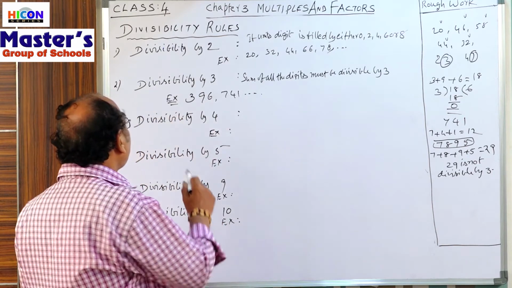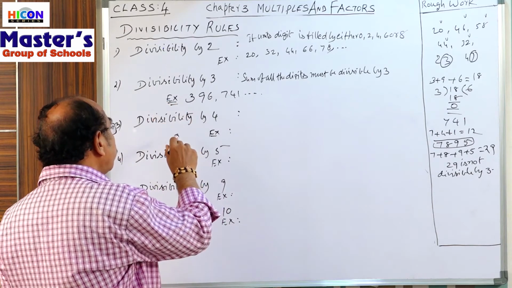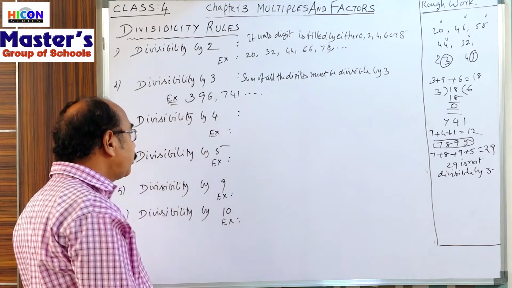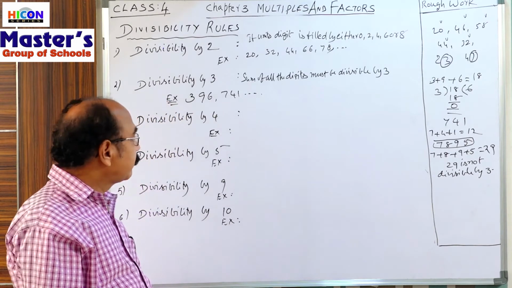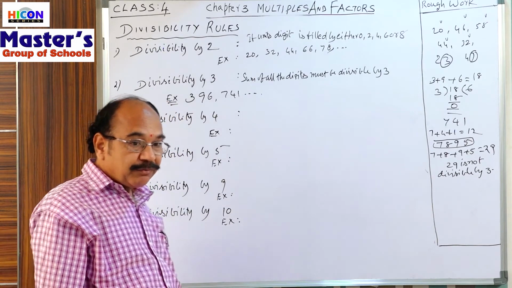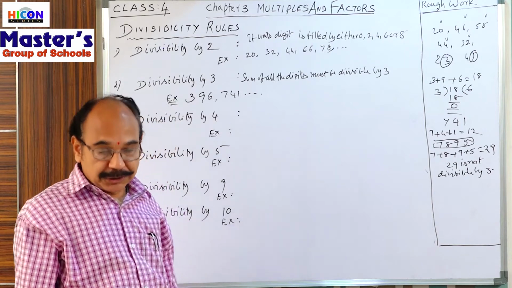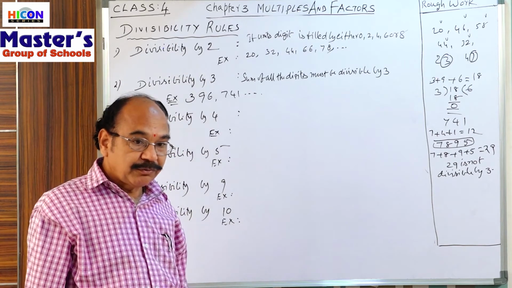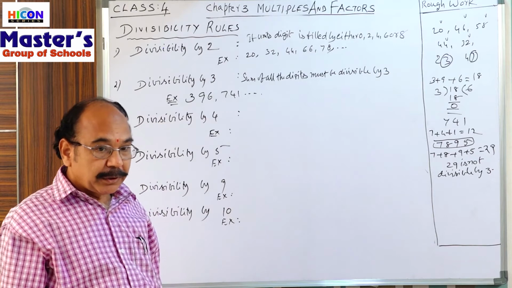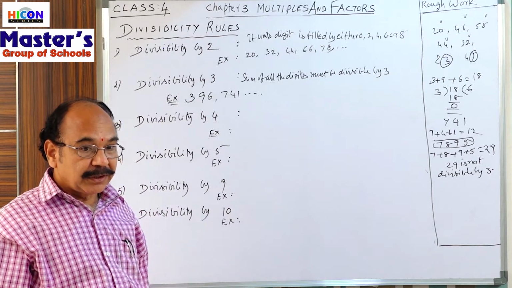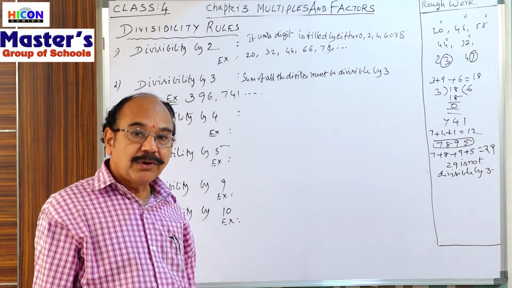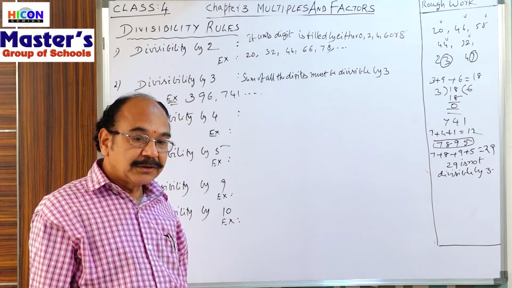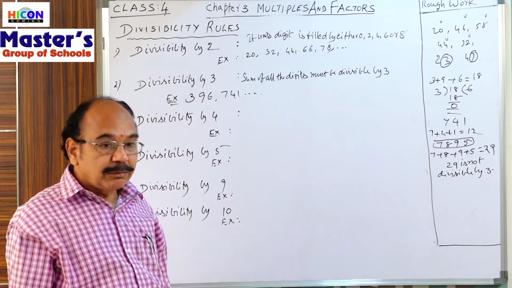Next, divisible by 4. Divisibility by 4. What is the condition? If the number formed by the last 2 digits of a given number is divisible by 4, then we say the given number is divisible by 4.